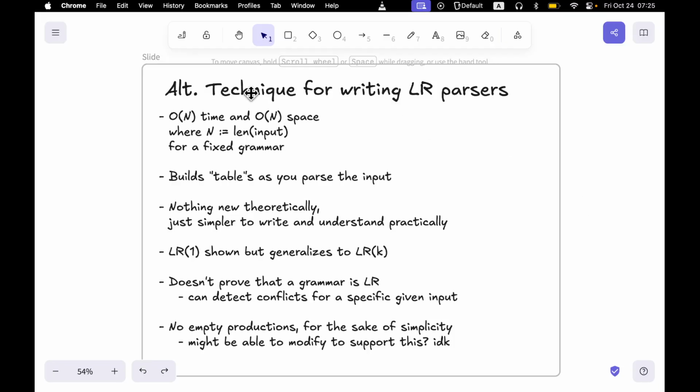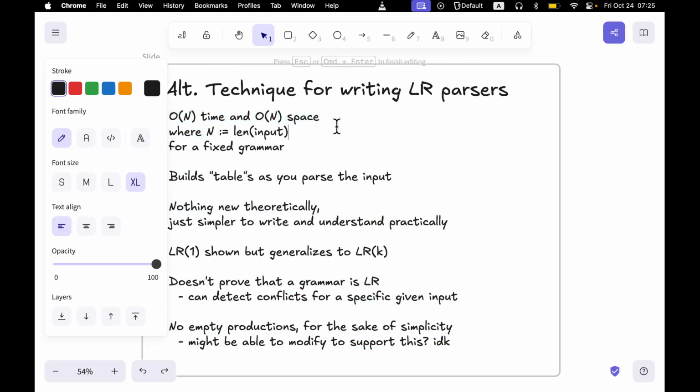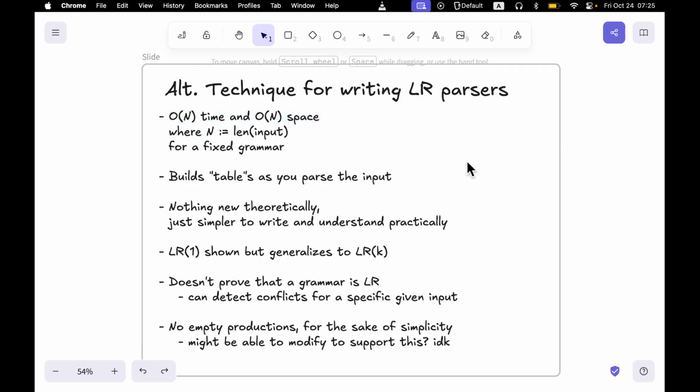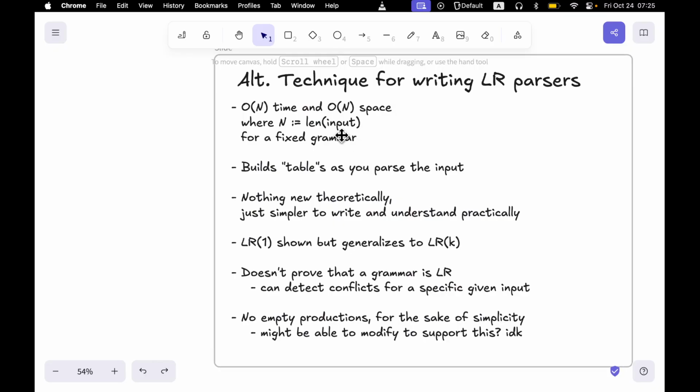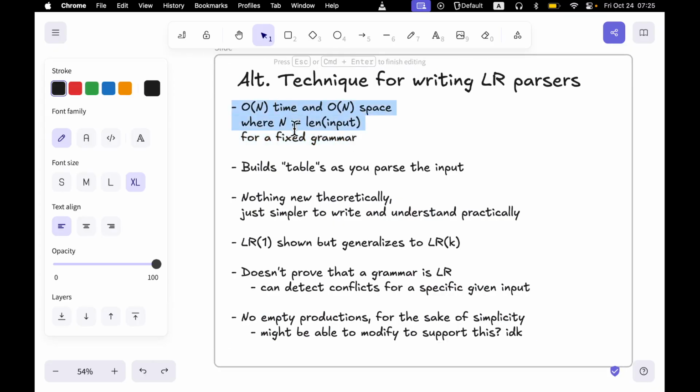Anyway, what I thought of is just an alternative way to implement an LR parser, and as is the case for any LR parser known currently, it has asymptotic time complexity and space complexity of O(n), where n is the length of the input, and it receives a fixed grammar.